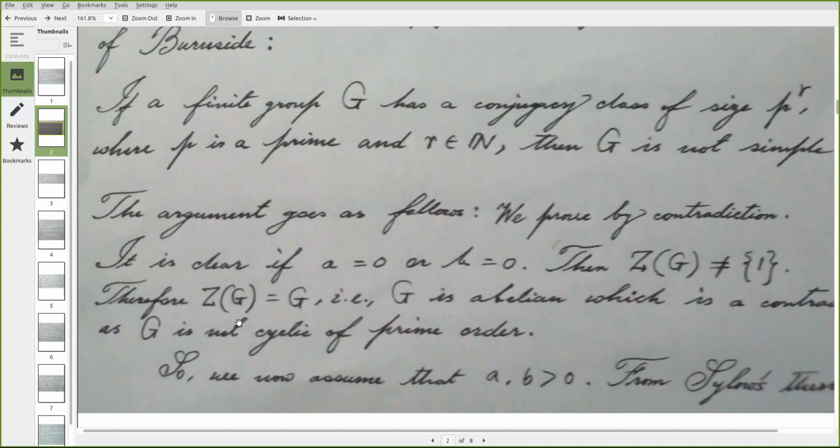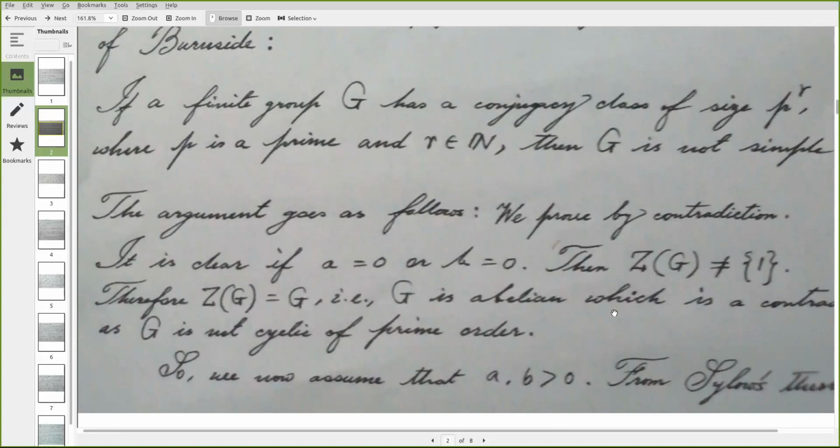In that case, G has to be of some prime order, because for any finite abelian group, corresponding to any divisor of the order of the group, there is a subgroup, and since it's abelian, the subgroup is normal. So a finite abelian group cannot be simple unless it has prime order.